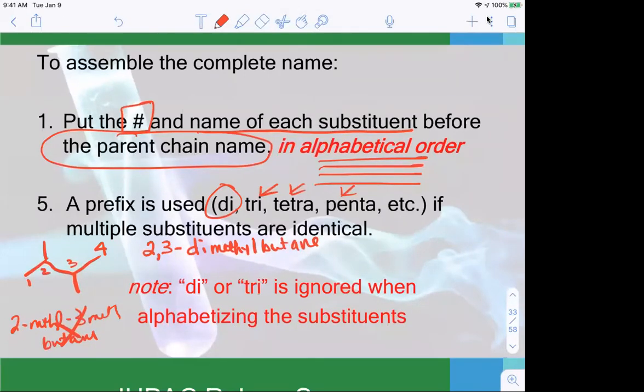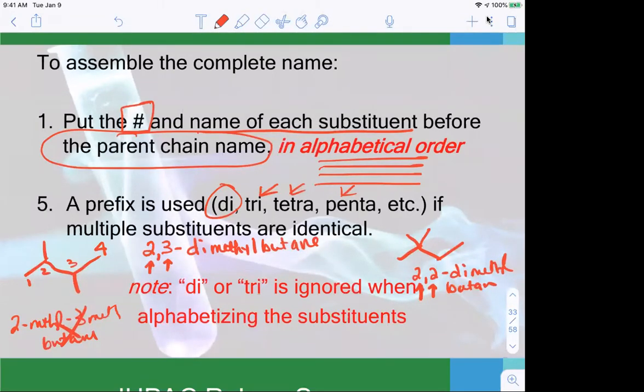That's when I have multiple of the same substituent. I'm going to use di, tri, tetra. Notice even though they're the same substituent, each one is on a different location. If I had this, this would still be 2,2-dimethylbutane. I still need 2 locations, even if those locations are the same, right?